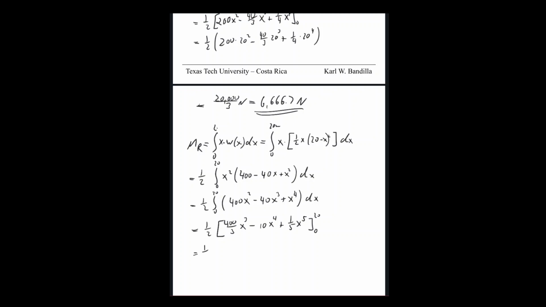So that would be equal to 1/2 times 400 over 3 times 20 to the third power, minus 10 times 20 to the fourth power, plus 1/5 times 20 to the fifth power. That gives me 160,000 divided by 3 Newton meters, which is equal to 53,333.3 Newton meters.